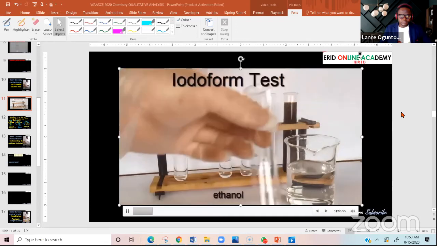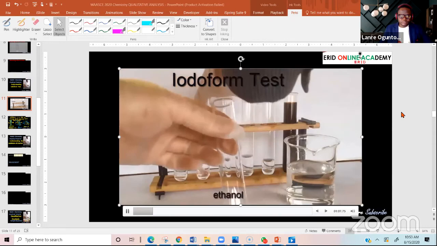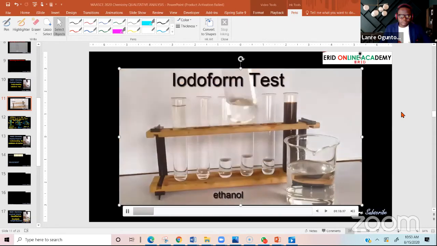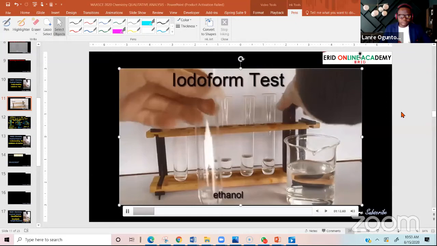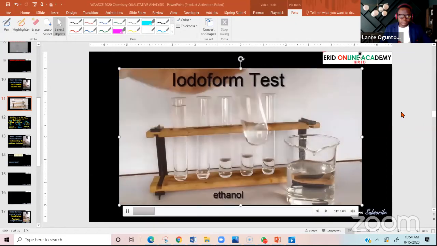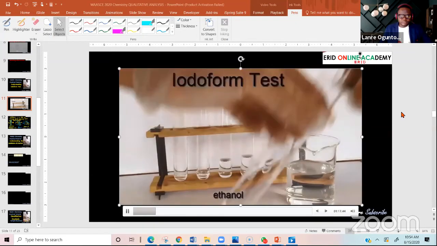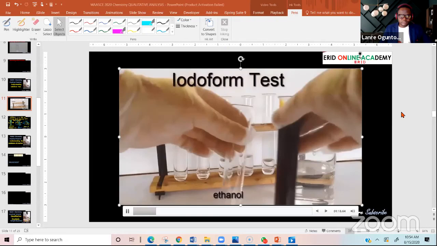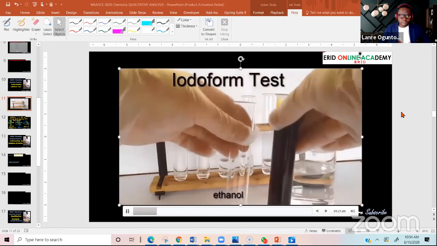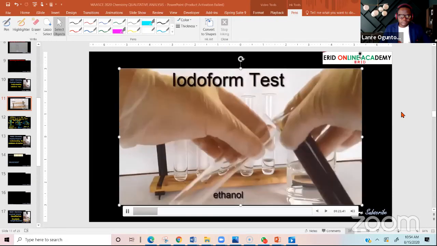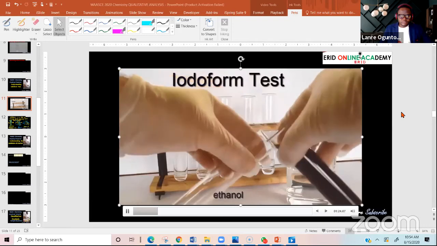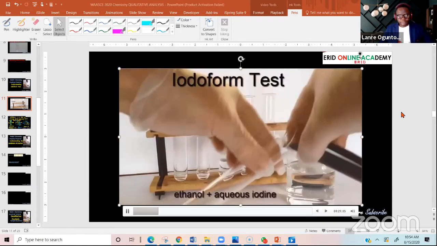Then the next thing I will add is my iodine, the 10% iodine. I'm adding it to the sample of ethanol in the boiling tube. The next reagent required is the sodium hydroxide.